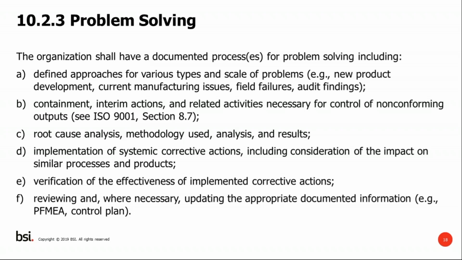We need to take verification of the effectiveness of the implemented corrective action. So we have to verify effectiveness before we talk to the certification body, if you're an organisation. And obviously the link, particularly if it's manufacturing related, we need to review and where necessary update appropriate documentation, and the examples given in the standard are PFMEA and control plan.